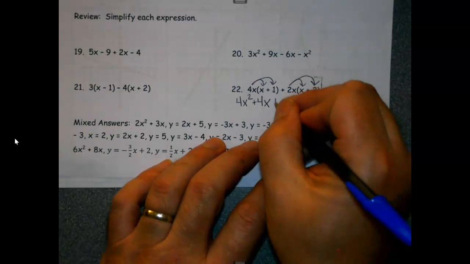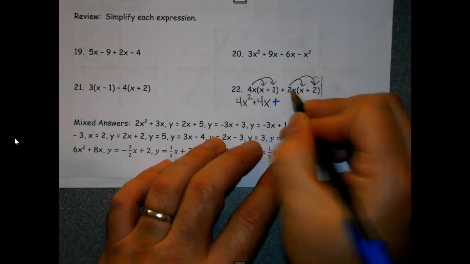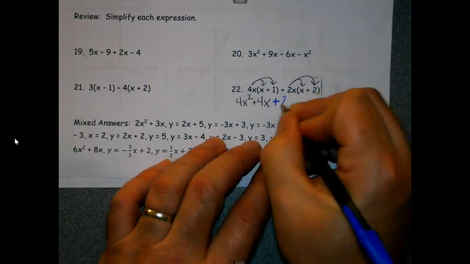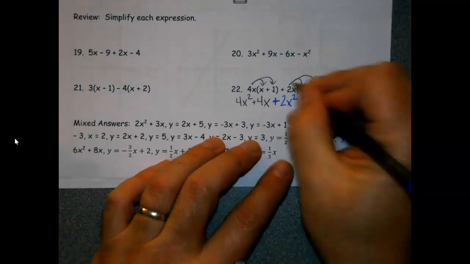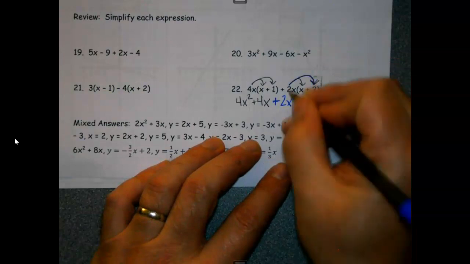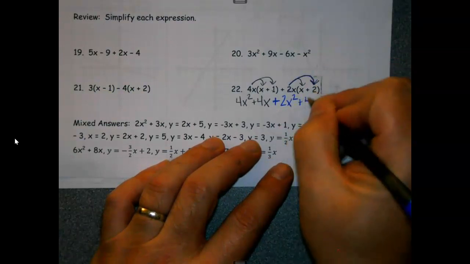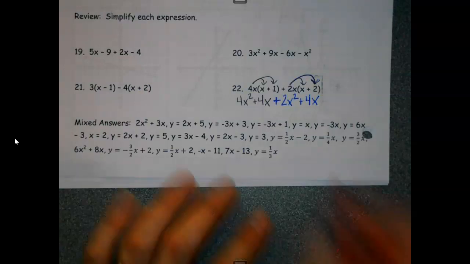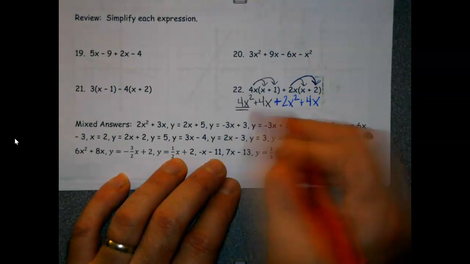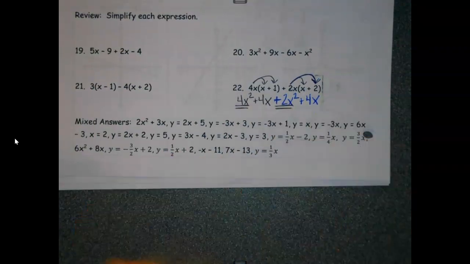And we do the same thing on the next one. 2x times x, there's 2 x's that we're multiplying, so that's x squared. And 2 times 2 is 4x. And now I don't get to quit at this point. That's an excellent start. I got one more step, though. When we simplify, we want to find the terms that have the same variable and exponent and put them together.